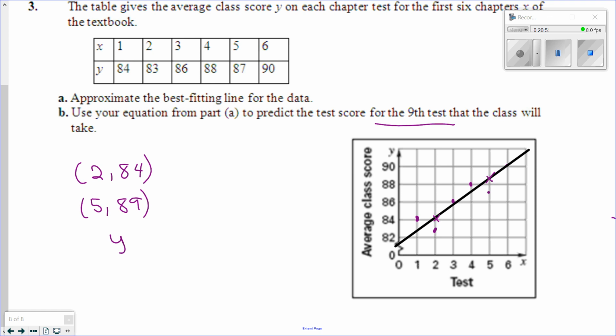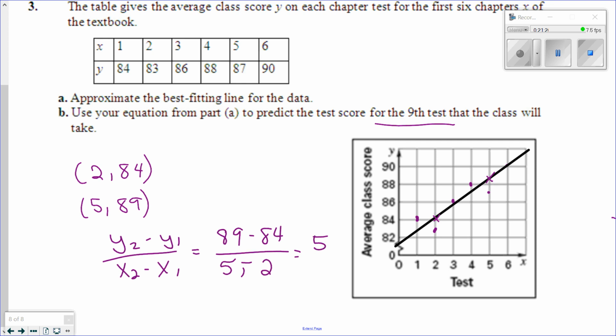So down my line, y2 minus y1 over x2 minus x1. And my y2 is 89, my y1 is 84. My x2 is 5, and my x1 is 2. So I get my slope at 5 over 3.